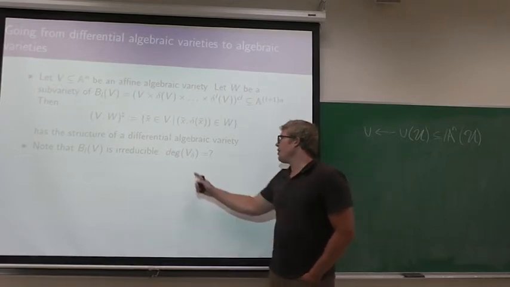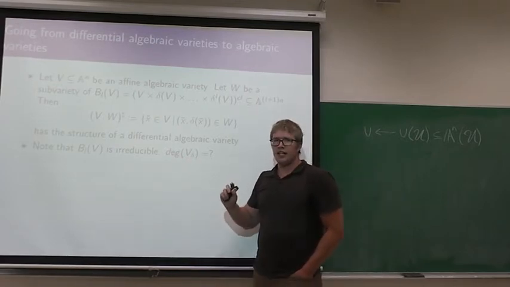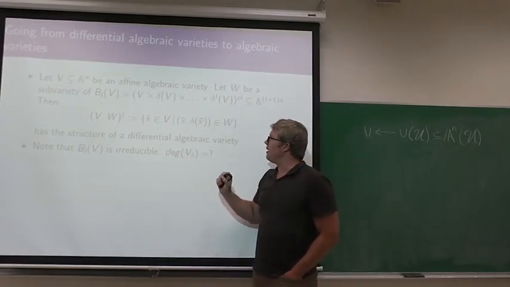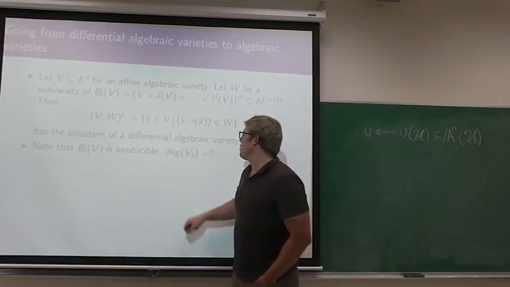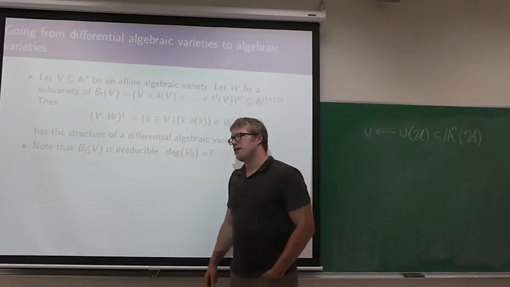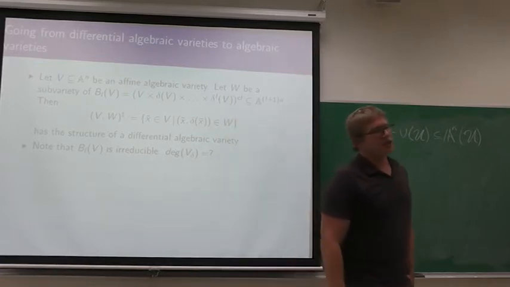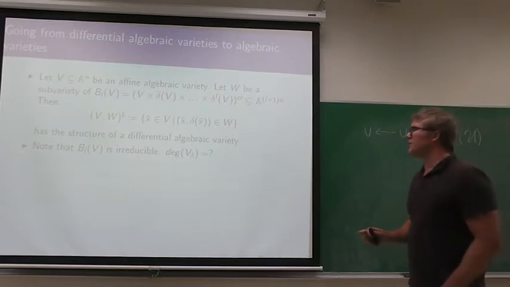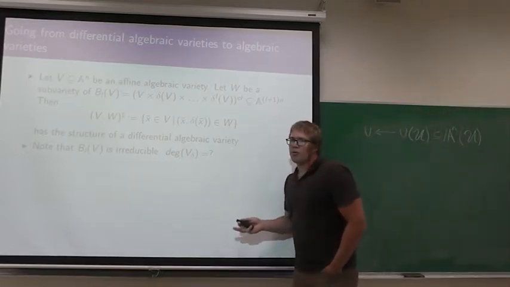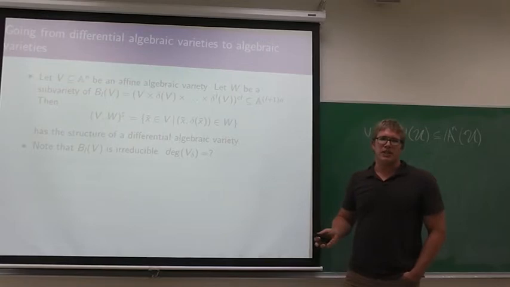One question is, sorry, I've written V delta when I mean BL of V. If your variety V has singularities, BL of V won't usually be a complete intersection, even if V is.